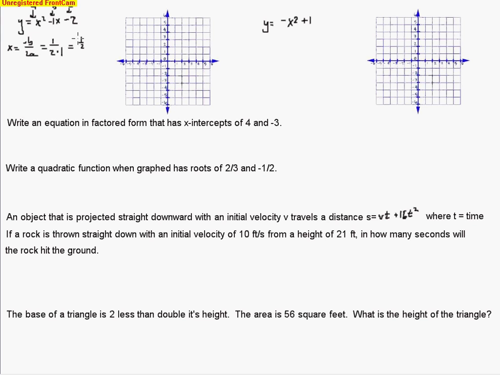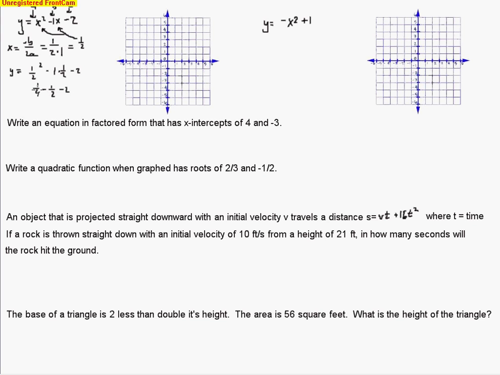So you end up having to substitute that back in for these x's here. And that'll give us our y component of the vertex. And so when I do that, I get 1/2, and I've got to square that, minus 1 times 1/2, and then I do minus 2. So 1/2 squared makes a 4th, and then minus 1/2, and then minus 2.